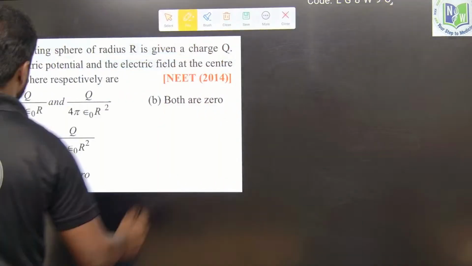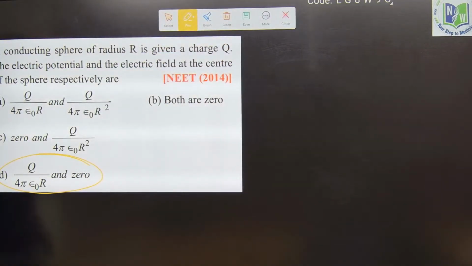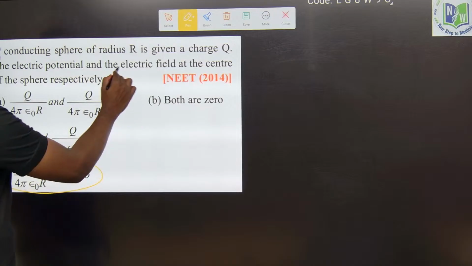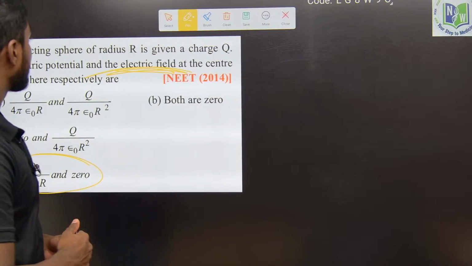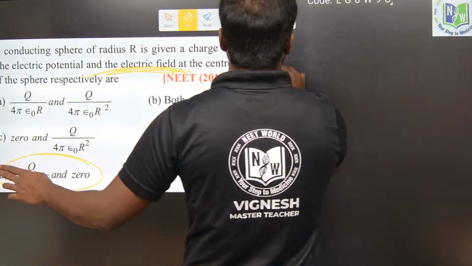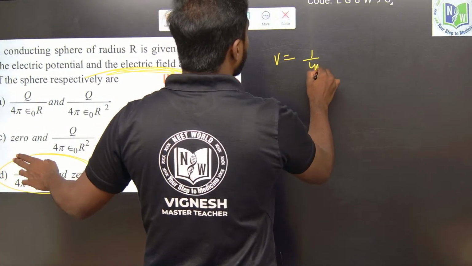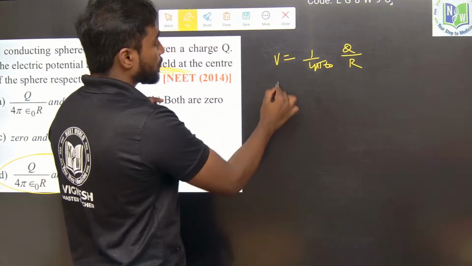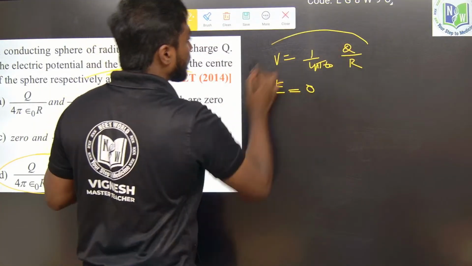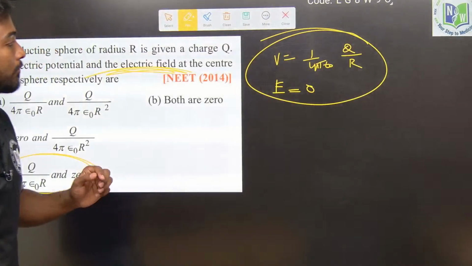Potential will be there, so option D will be the answer. Electric field will become 0 at the center. So potential will be equal to 1 by 4 pi epsilon naught Q by R, and electric field will be 0 at the center. This is about the center.